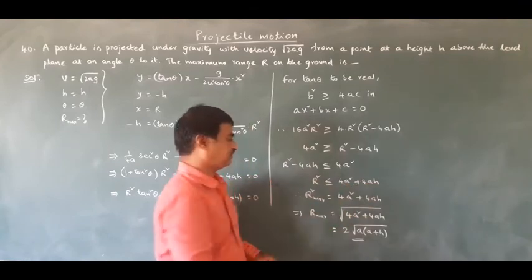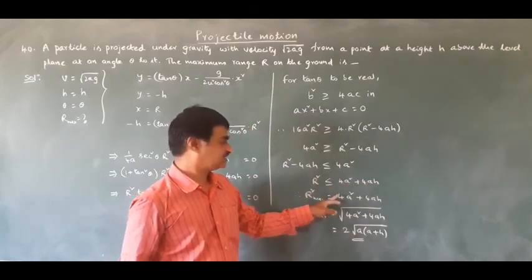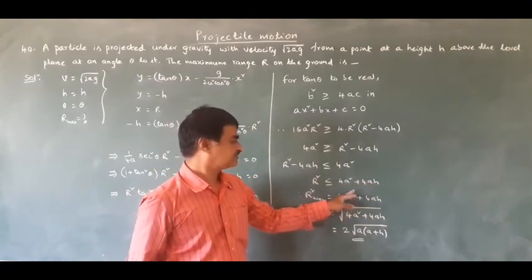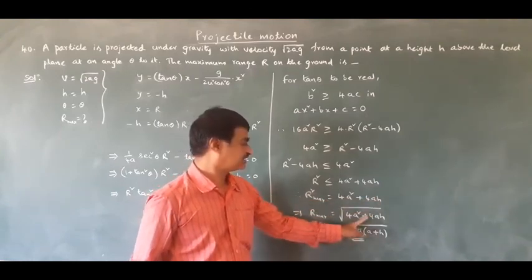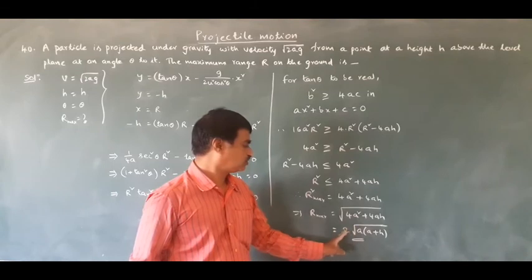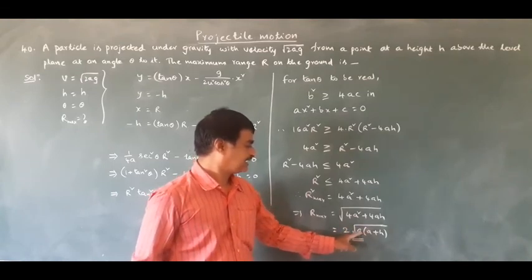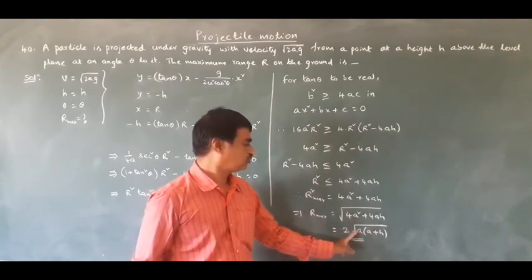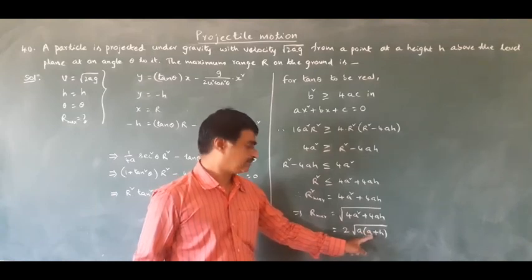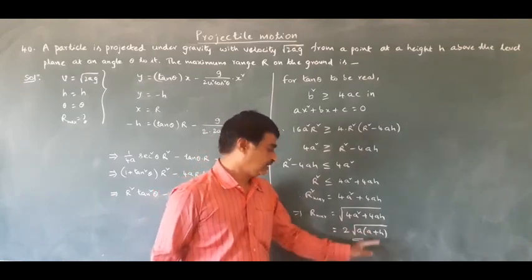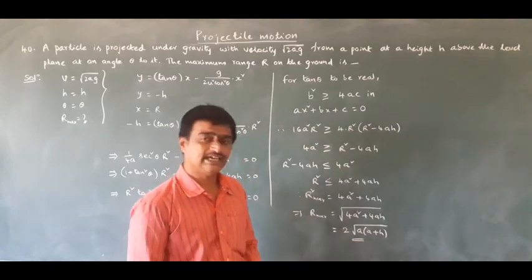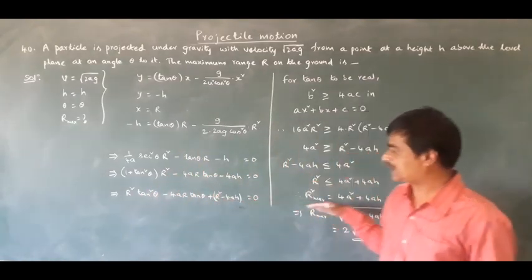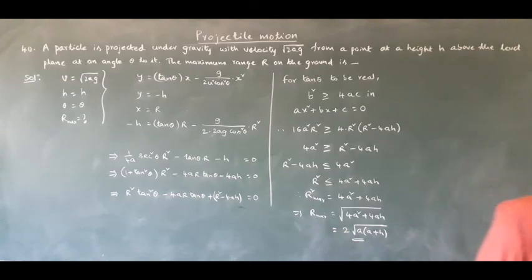Therefore, our maximum r square is equal to 4a square plus 4ah, that is our maximum r becomes root of 4a square plus 4ah. Bringing out 2 and taking a common, we get 2 into root of a into a plus h. This is how we get the maximum condition, or its value.